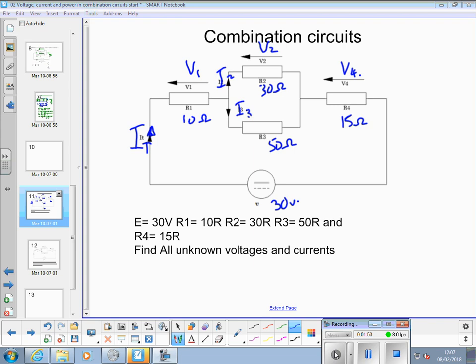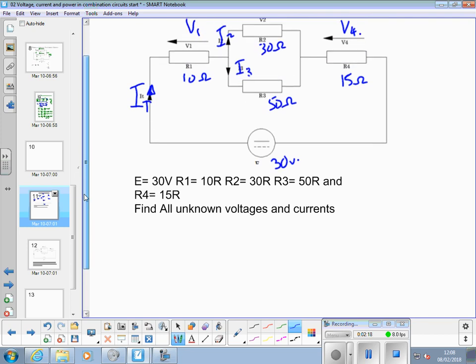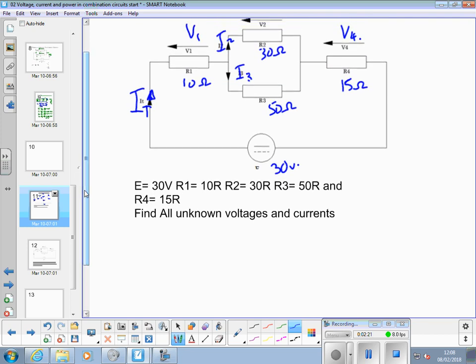What we could do though is calculate all of RT in one go, because after we calculate the equivalent of the combination, to get the total we add the other two up.